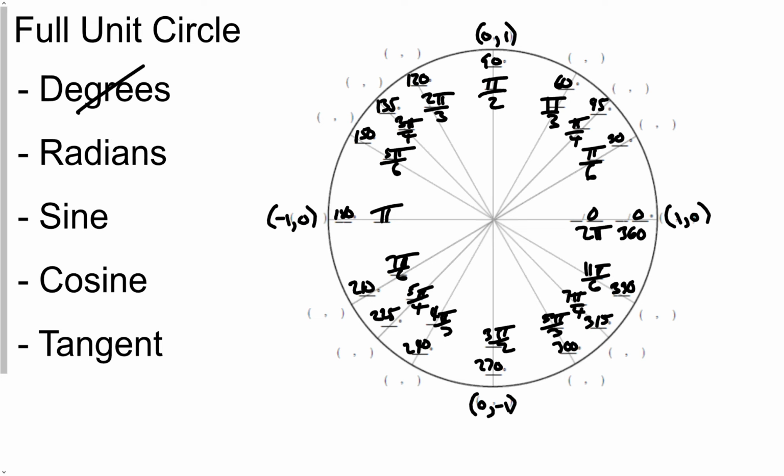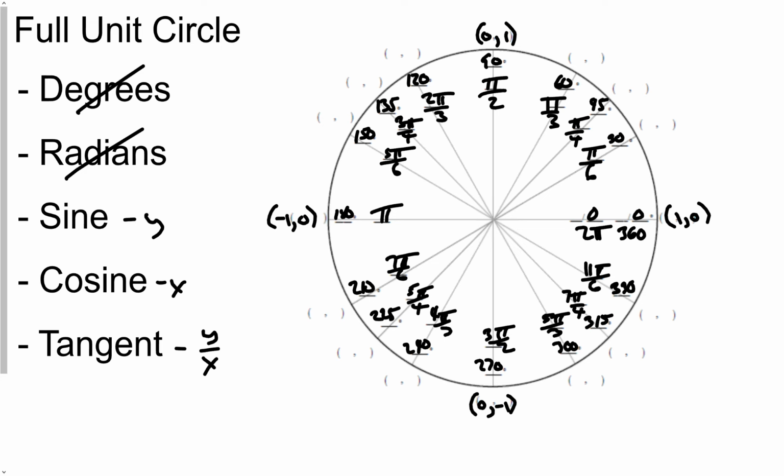So I did degrees, I did radians. Now I'm going to do sines, cosines, and tangents. So remember, sines and cosines just mean the y coordinate and the x coordinate, and tangent is the y over x coordinate. Okay? And these numbers come from the triangles that we were just making.